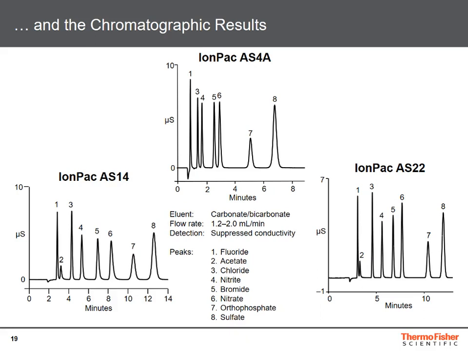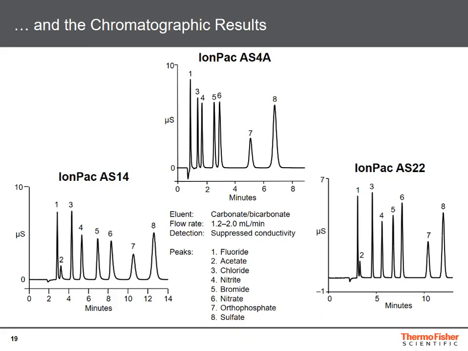As we see on the lower right side, the IonPac AS22 is the most modern stationary phase, carbonate selective, and as we see from this type of chromatogram, the selectivity is not changed. We see the same elution order, the same separation of fluoride from the system void, the separation of fluoride from acetic acid.